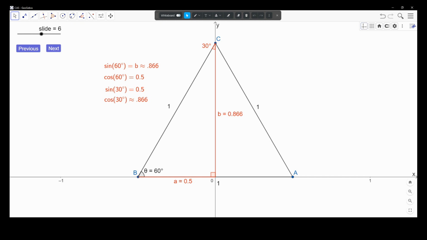If I know the sine and cosine of 60 degrees, then I necessarily know the sine and cosine of 30 degrees by swapping the opposite and adjacent terms for side lengths A and B. In other words, the cosine of 60 degrees is necessarily equal to the sine of 30 degrees because the values of the opposite side and the adjacent side have just swapped. Okay, and likewise, the sine of 60 degrees is equal to the cosine of 30 degrees.